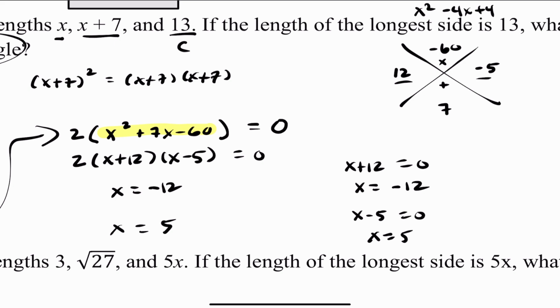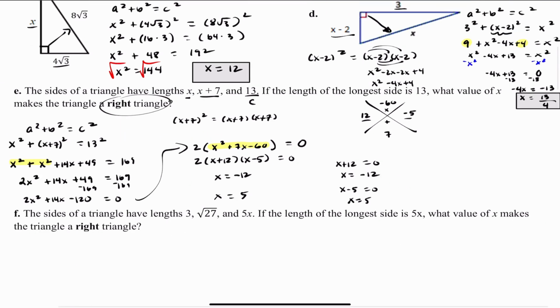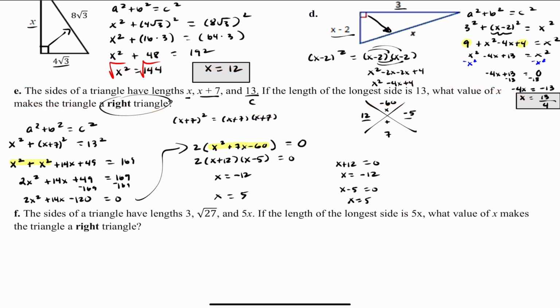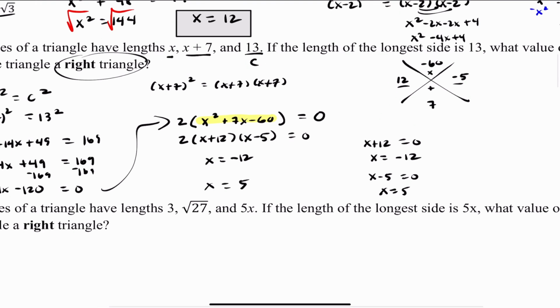But what is the best answer that will satisfy the context of this question? Because we are dealing with lengths, right? We're dealing with a right triangle which has lengths x plus 7 and 13. So if I plug in 5, one of the sides of this right triangle is 5 units long, and if I plug this 5 into this expression, that's going to give me 12.